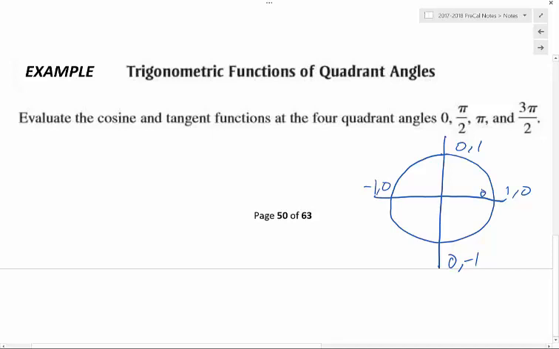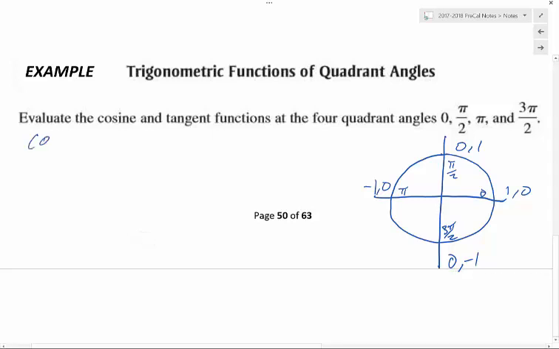I know that this is 0, pi over 2, pi, and 3 pi over 2. So evaluate the cosine and the tangent functions for the 4 quadrant angles.